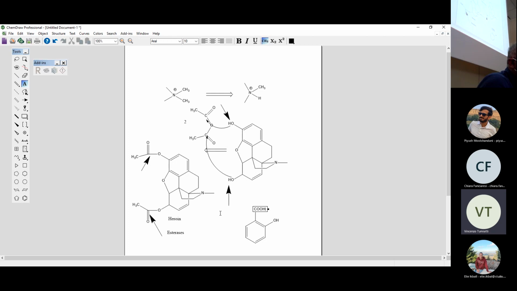At that time, this company had a really big quantity of acetic anhydride inside the plant. And they had to use it.